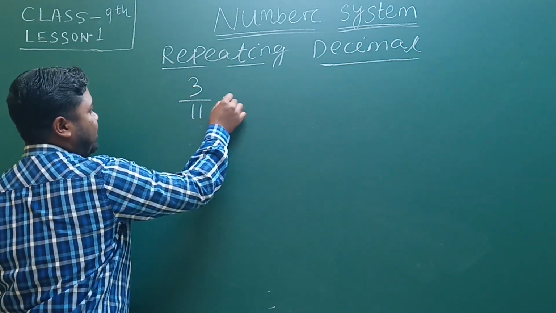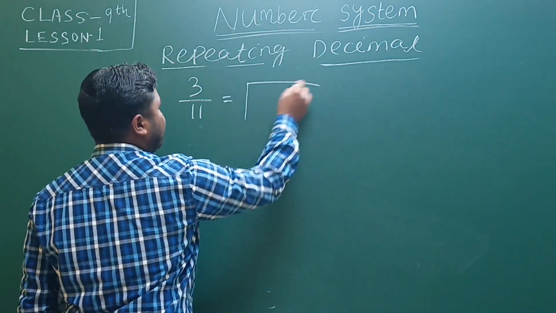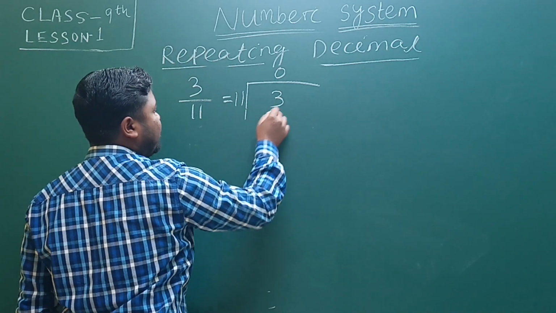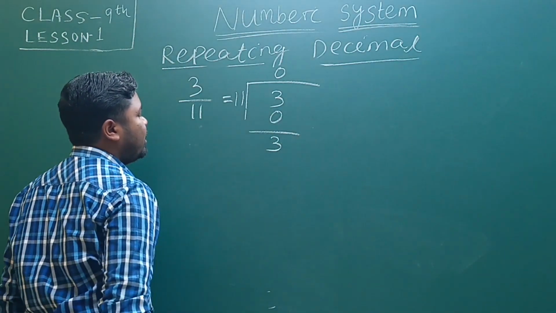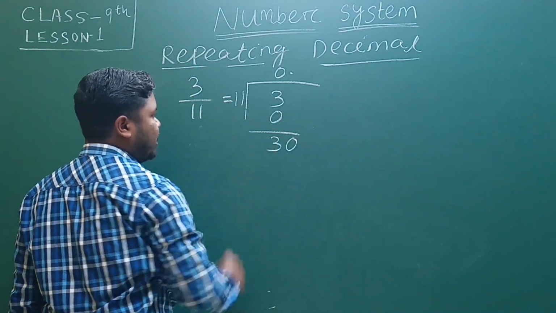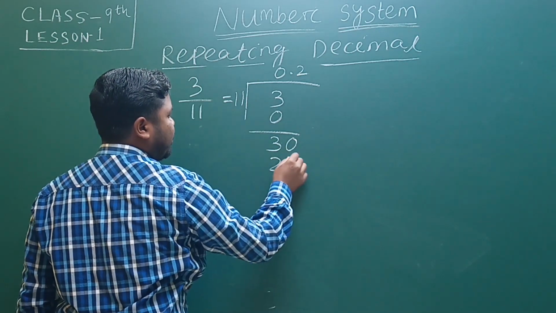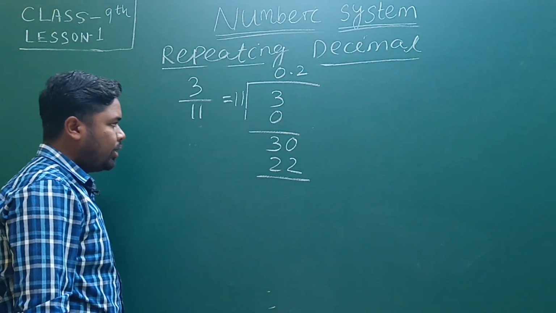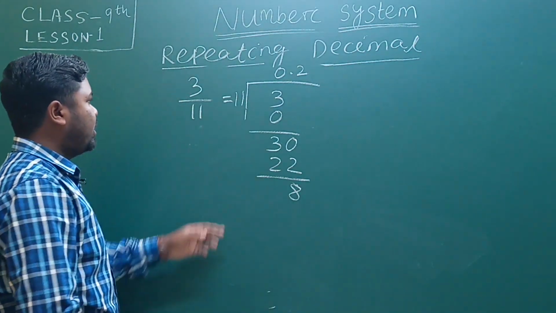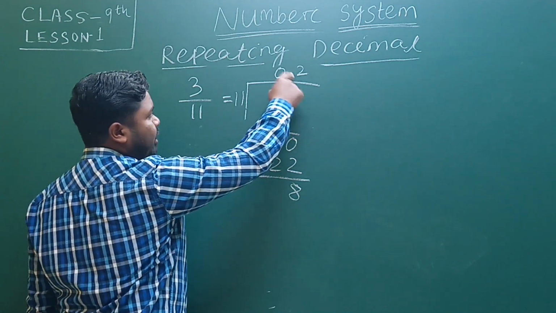3 upon 11. Now we can solve this fraction. 11 here 3. 11 zeros are 0. We get 3. Now here put a point. Then 0. Then 11 2s are 22. We get here 8. Again we put 0 because we have already put a point.